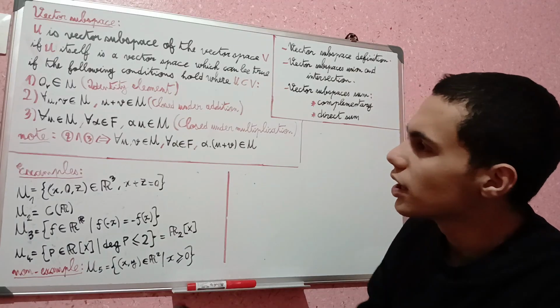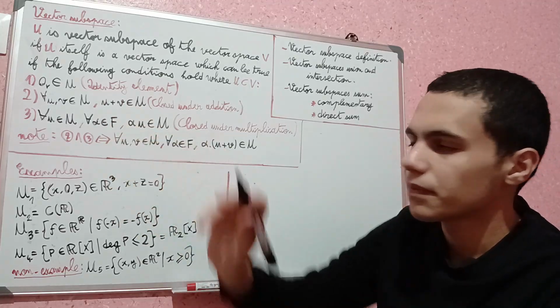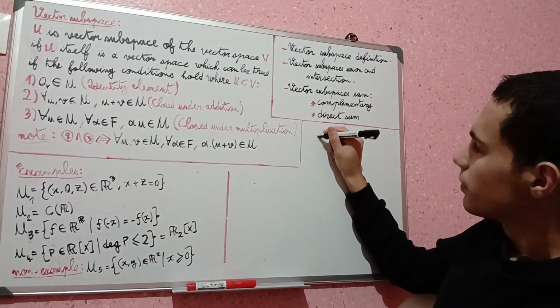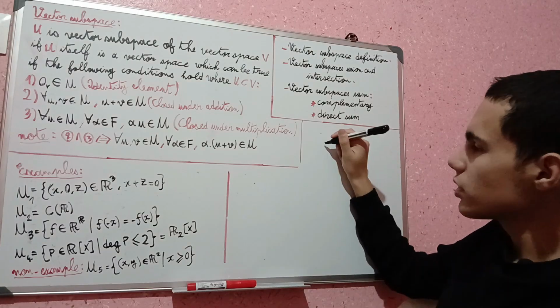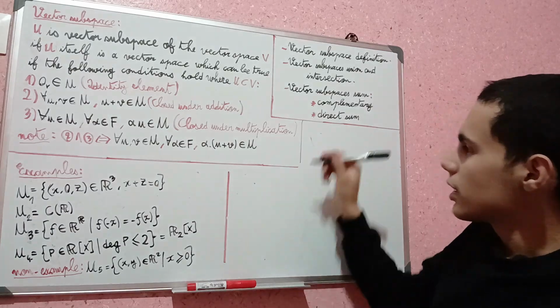But before that, let's talk about why they choose these three conditions. For U to be a vector space, we need 8 conditions, not exactly 3.